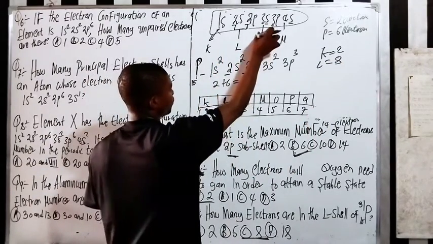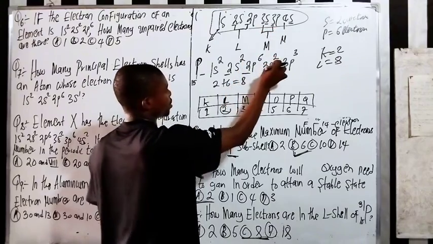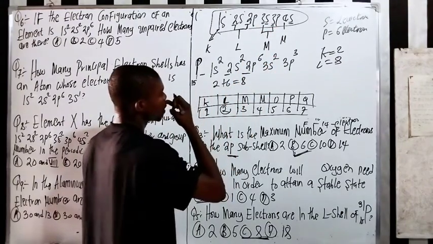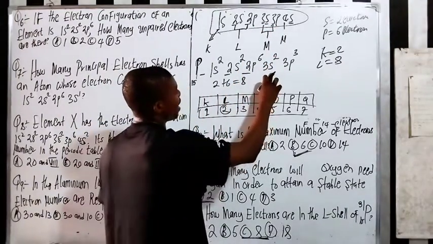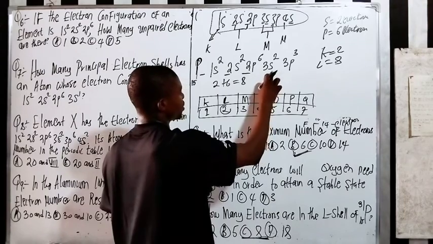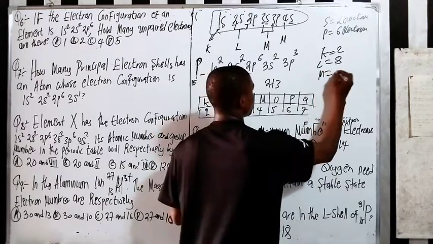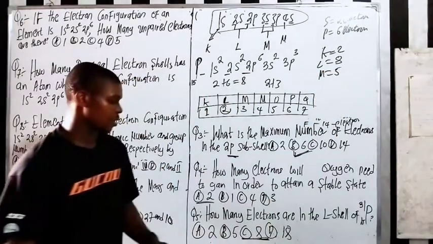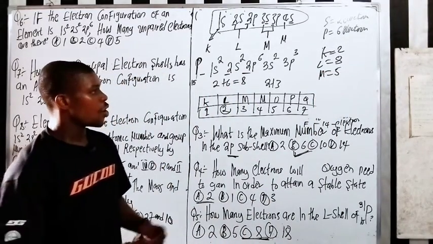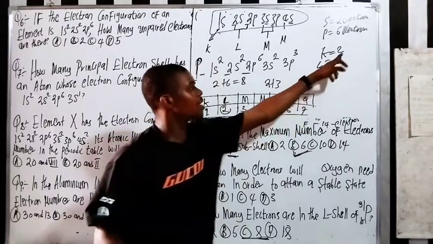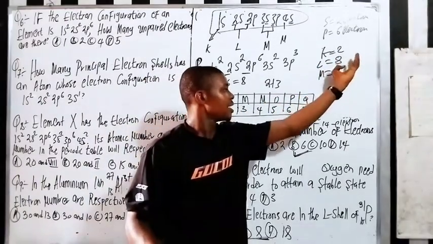Then my M is 3, right? So it's going to be 2 plus 8 plus 3, which is going to be 13. Very important. You find that all these values are in the options.